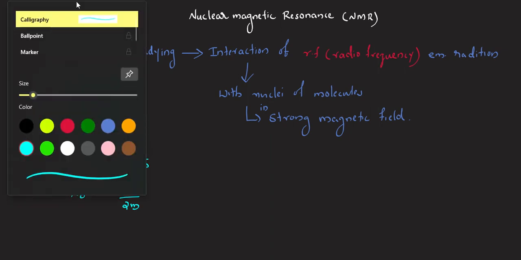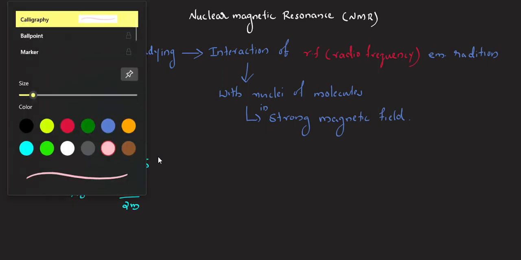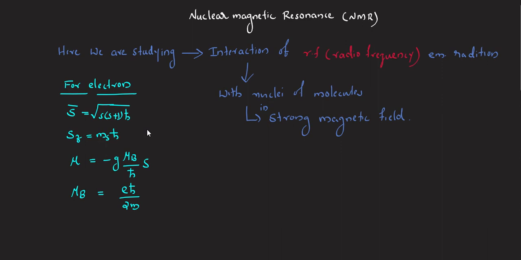Now let us come back to nuclear magnetic resonance. Suppose that a nucleus has a spin. Then, similar to this, you can define nuclear spin angular momentum.